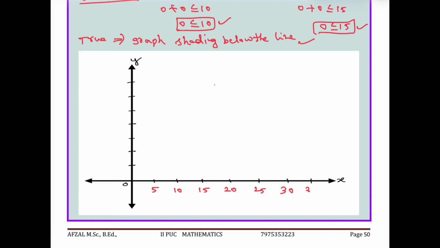19th question. For the vectors a and b, (2a minus 3b) into (3a minus 2b) equals lambda times a cross b.